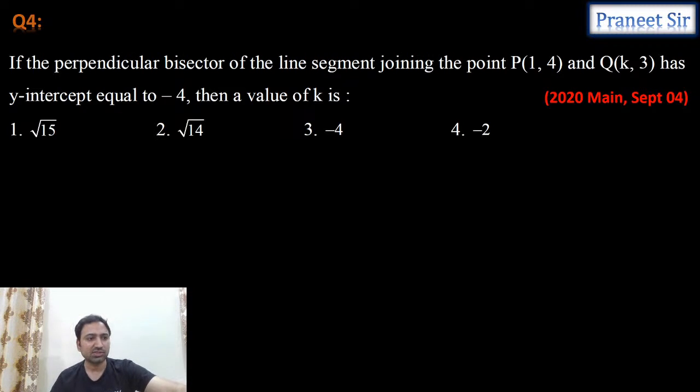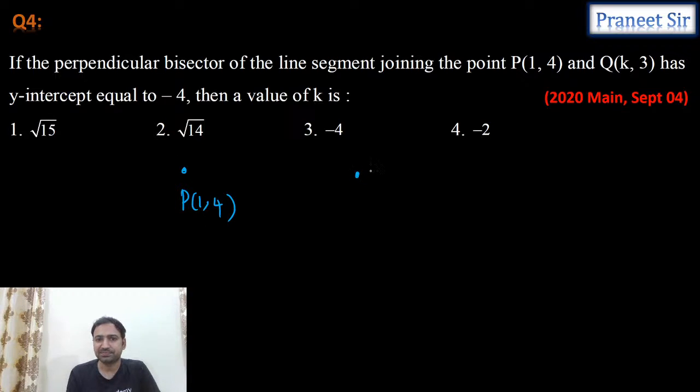Fourth question. So guys, start solving this question. If the perpendicular bisector of the line segment joining P and Q has a y-intercept equal to minus 4, then the value of k. So 2 points are given. One point is P(1, 4).